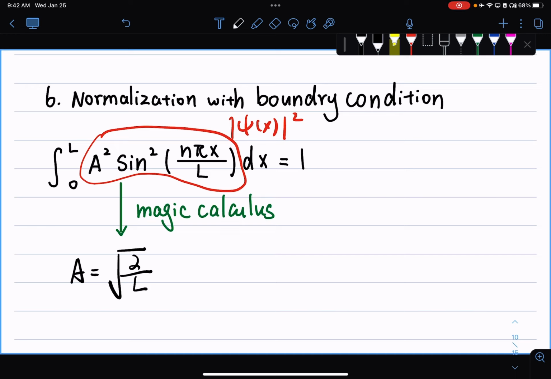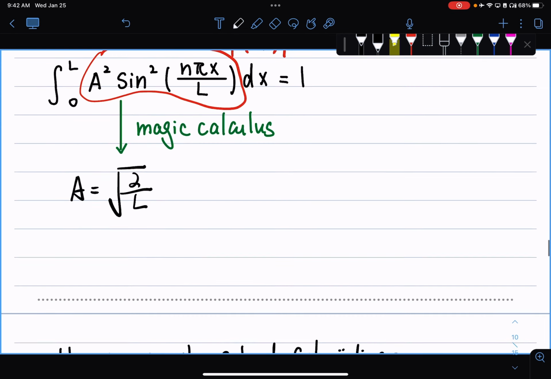All right, so 2 steps. The first step is we use the boundary condition to identify that the sine function is the most appropriate function to use. And then we use the boundary condition to solve for k, and the normalization to solve for the factor A. So taken together, we now have the wave function phi(x) for a one-dimensional particle in a box.